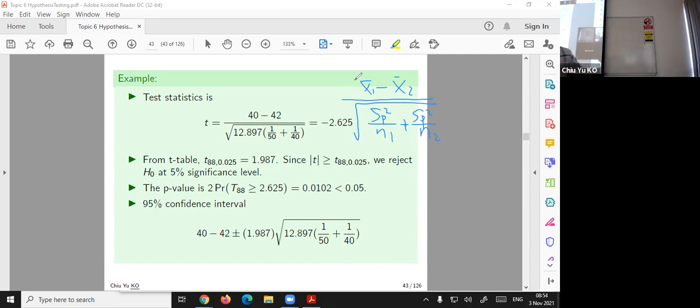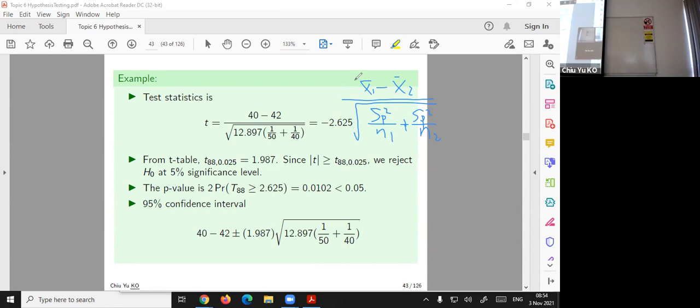So just minus 2, SP square is 12.8, and you divide it by 1/50 and 1/40, okay? So it's just the standard formula here, and what you get is -2.65, okay?